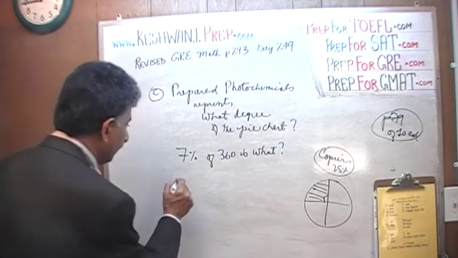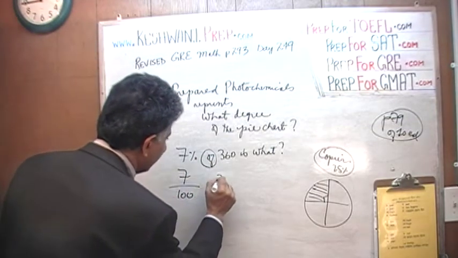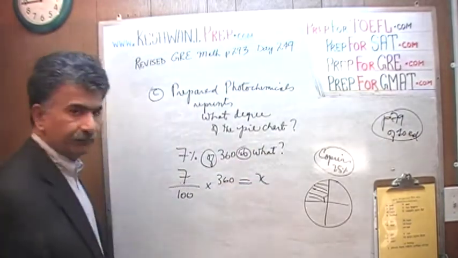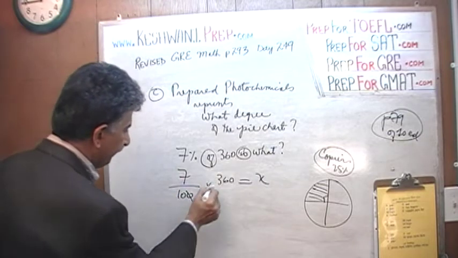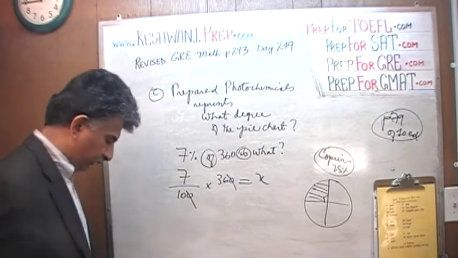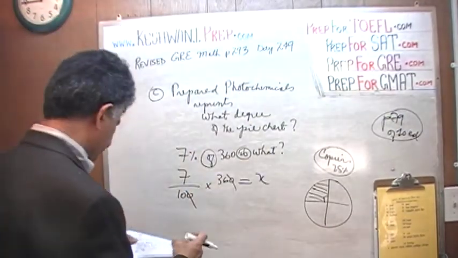Let's find out. 7% means 7 over 100, of means times, and 360. Is means equals, and there is your unknown. Divide top and bottom by 10, and then we have 7 times 36 over 10.